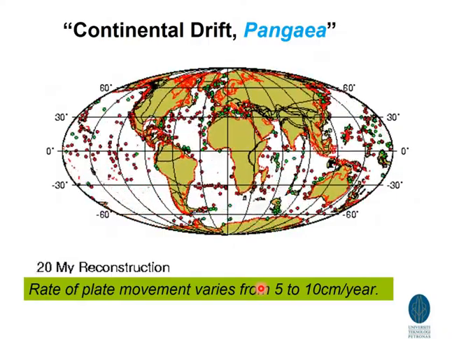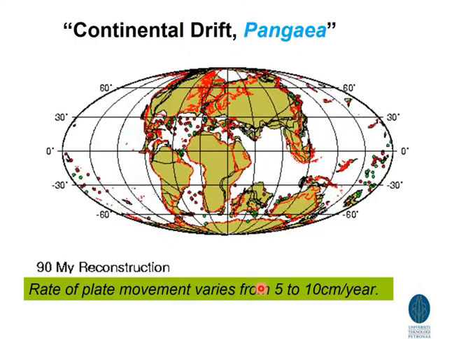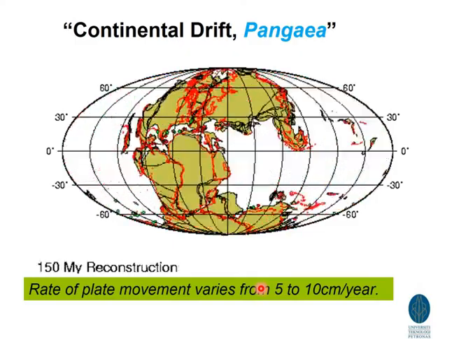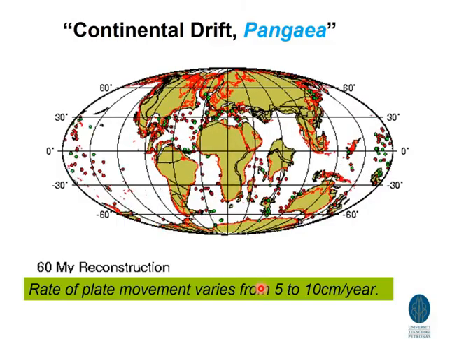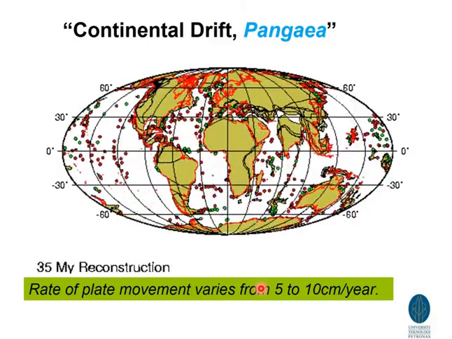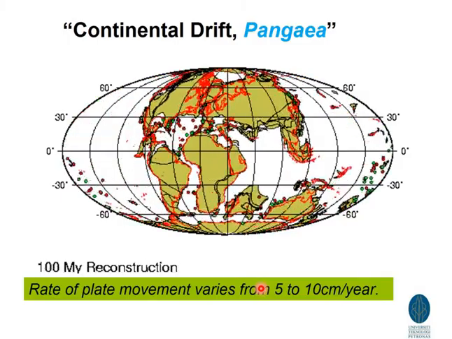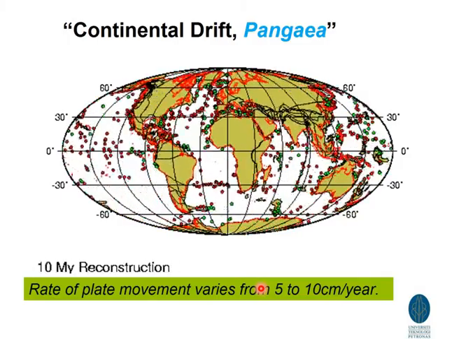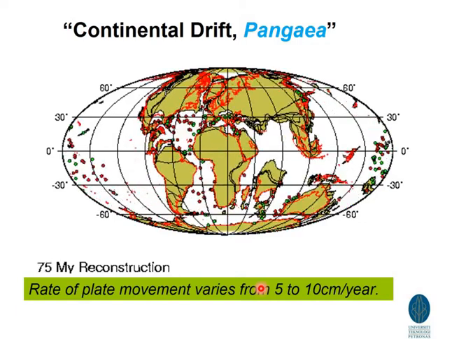This figure shows an animation of how the continent Pangaea split up and the plates eventually reached the current position since 150 million years ago. The plate drifting rate is commonly a few centimeters per year.